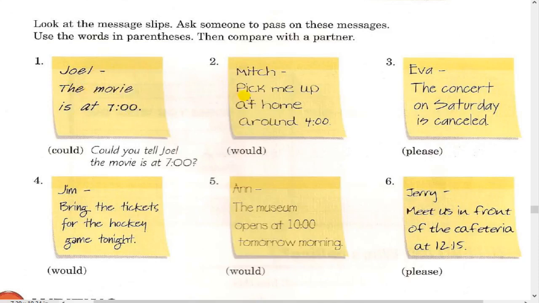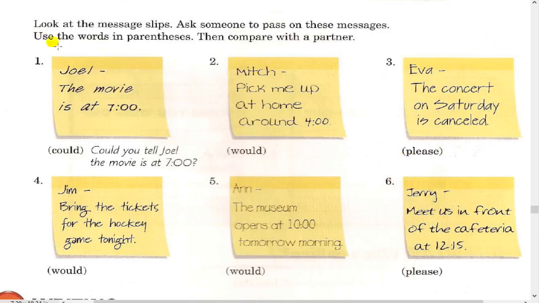If it starts with a verb, pick me up, this is a request, I use ask. You have the names of the people like Joel, Mitch, Eva, Jem, Anne, Jerry. All of these are names.